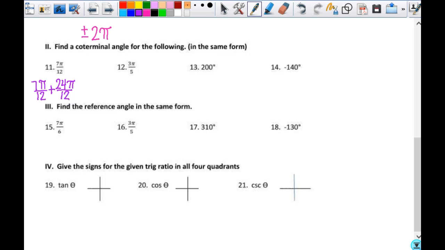When I add those two together, that is going to give me 31 pi over 12. And then I'm going to do 7 pi over 12 minus 24 pi over 12. When I get that, that is going to give me negative 17 pi over 12.